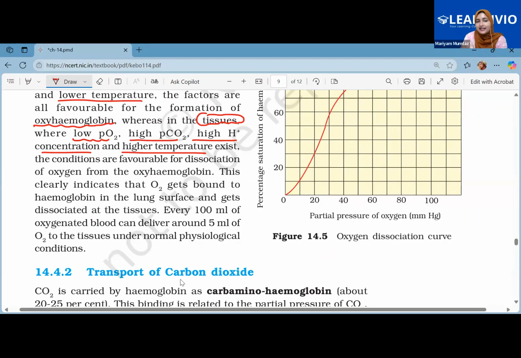So this clearly indicates that oxygen gets bound to the hemoglobin at the lung surface and gets dissociated at the tissue level. And remember this data: every 100 milliliters of oxygenated blood can deliver 5 milliliters of oxygen to the tissues under normal conditions.